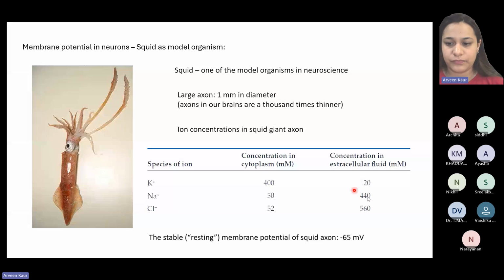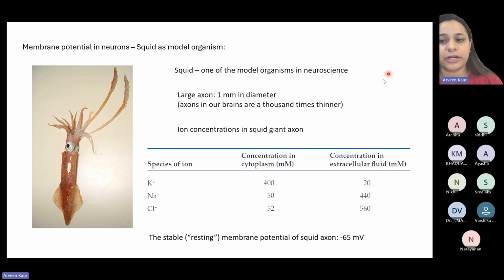Yeah, okay. So what I was saying was the squid is one of the model organisms in which a lot of studies have been done regarding action potentials, how signal transduction is happening across neurons. It has a squid giant axon, which is a large axon of 1 millimeter diameter, which is relatively easier to study than small axons of microns.